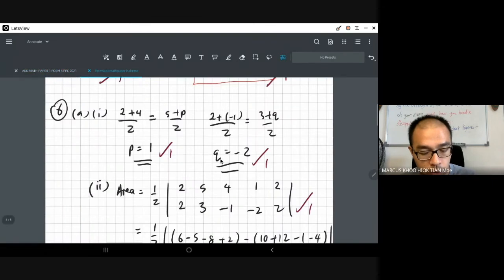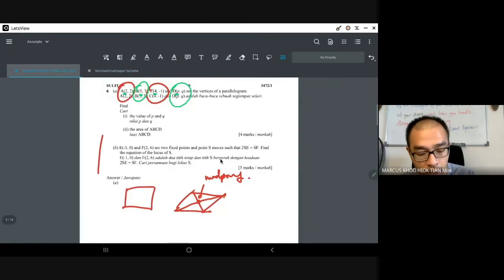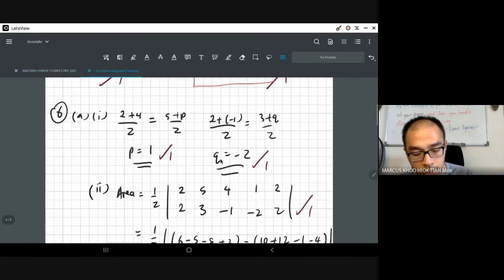Which is what I'm showing over here. And then likewise, 2 plus -1 equals 3 plus Q, which I'm showing over here.